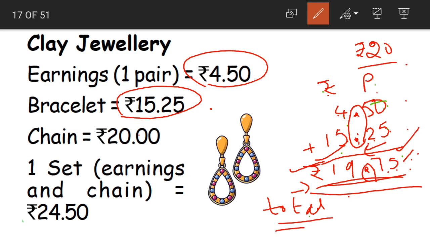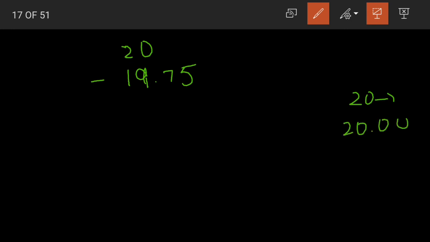But how much did she pay the shopkeeper here? She paid 20 rupees. 20 rupees is more than 19 rupees, right? Yes. So she should get back some amount. 20 rupees minus 19 rupees 75 paisa. If you remember, 20 rupees is nothing but we can write it like this.